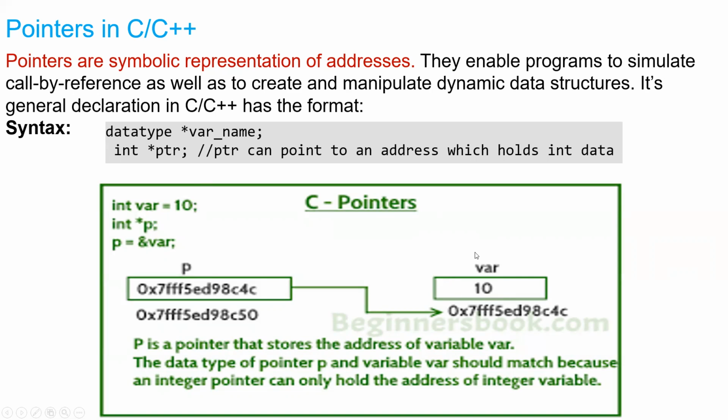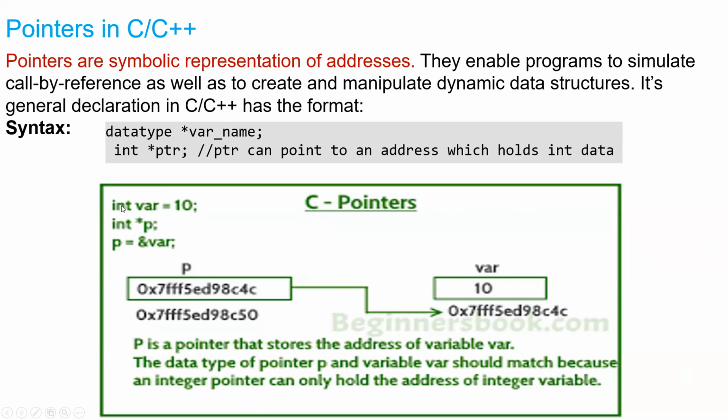Every variable has some address. Okay. So what is this p storing? p is storing var's address. And what is var's address? 98C4C. This is the value of p because p is a pointer, and var's value is the normal value of a mathematical number, that is 10, because var is a simple variable.